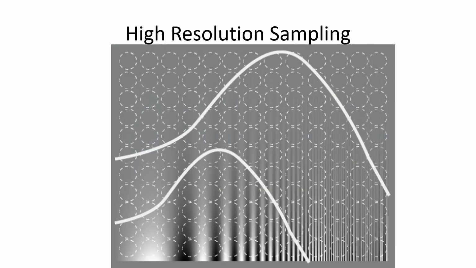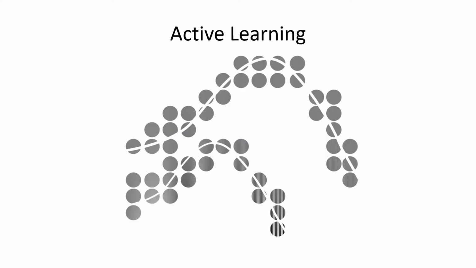In fact, accurate and precise assessment of the contrast sensitivity function requires high-resolution sampling of the two-dimensional spatial frequency and contrast space. At the same time, we must keep the test short. This is why active learning algorithms are critical.